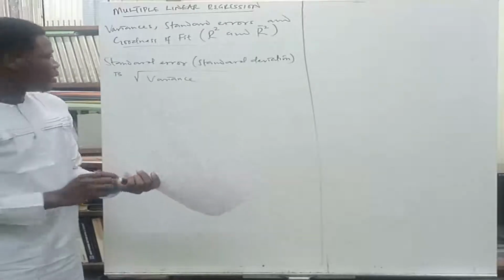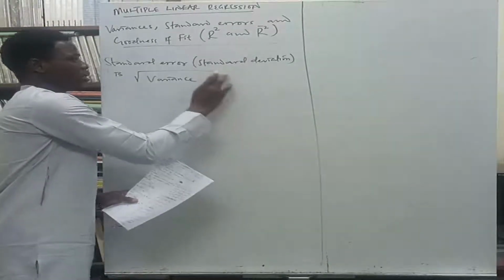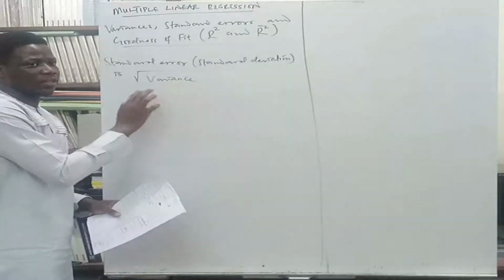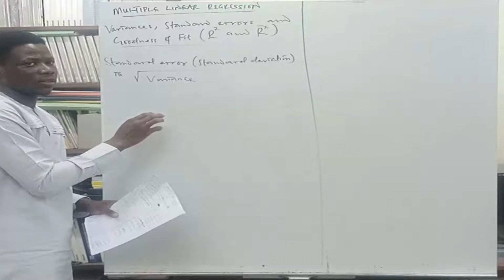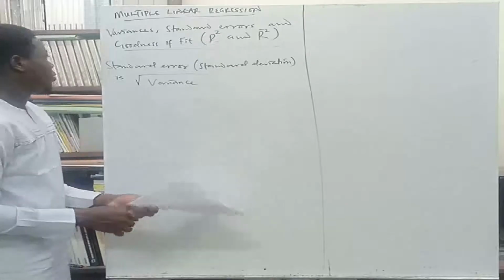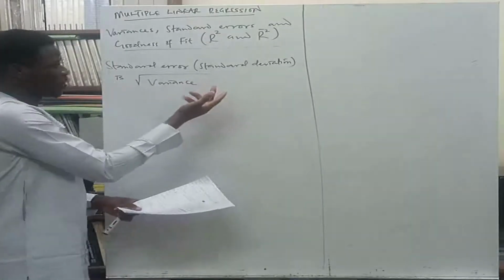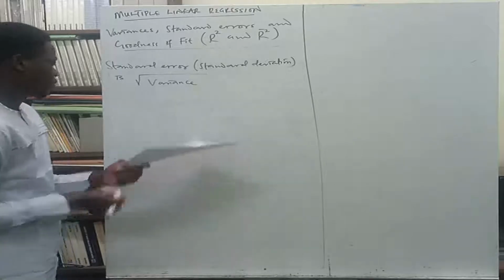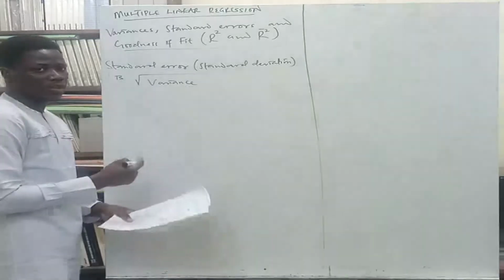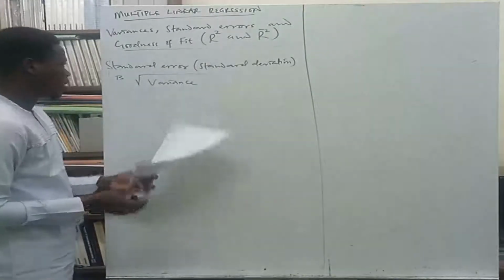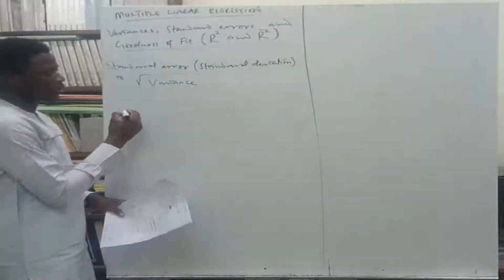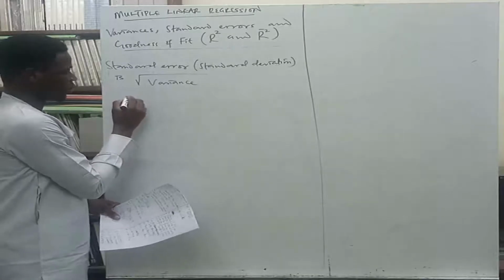So in essence, to get your standard error, you have to get the variance first. After estimating your beta 1 and your beta 2, you can also derive or estimate the variance and the standard error.